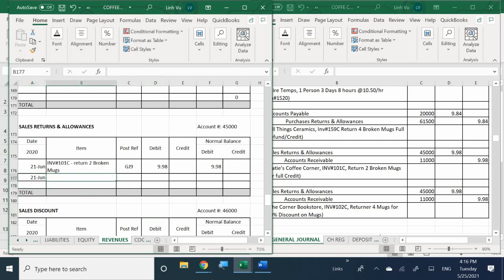641. Invoice 102C, return 4 broken mugs at 50% discount.